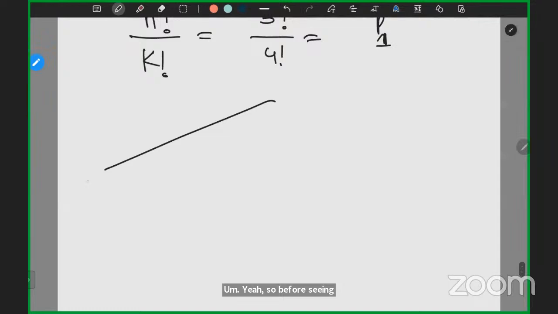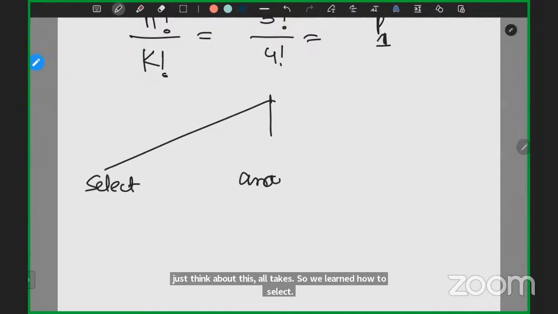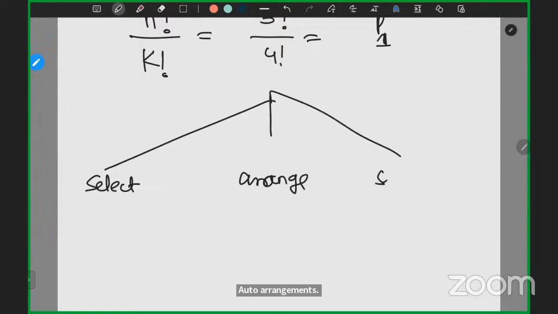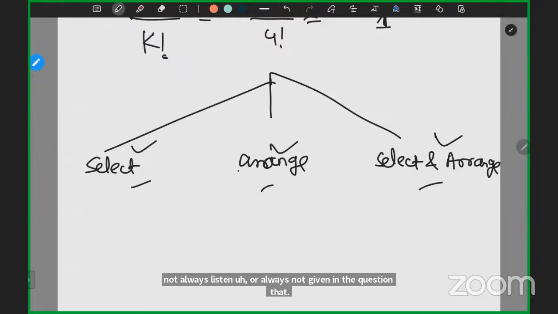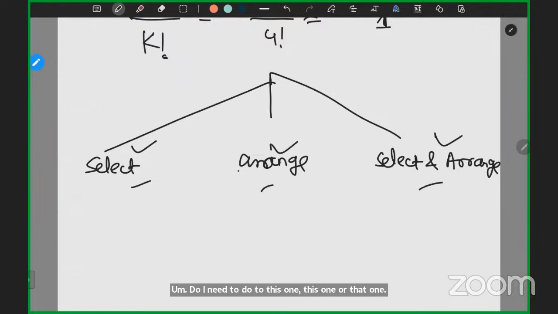We learned how to select, and how to select and arrange. So always think about which type of question this is, because it is not always clearly given in the question whether you need to do this one or that one. You'll get it later on.